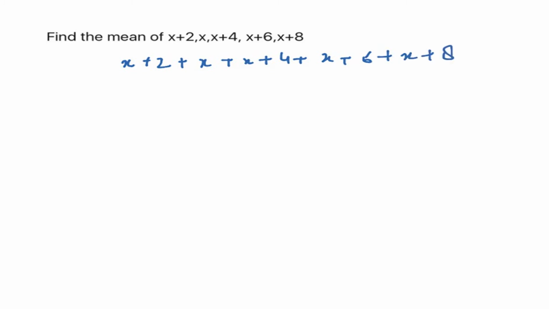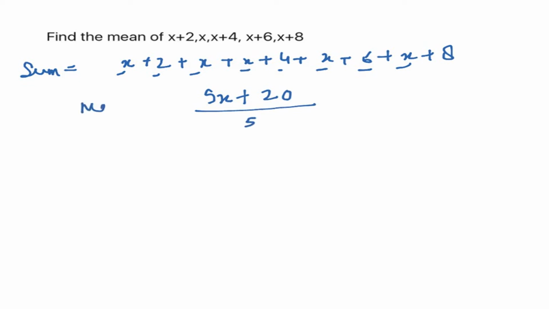So this is the sum. Sum is equal to x, 5 times, and then we will calculate the numbers: 2 plus 4 is 6, 6 plus 6 is 12, 12 plus 8 is 20. And how many numbers do we have? 1, 2, 3, 4, 5 numbers we have.